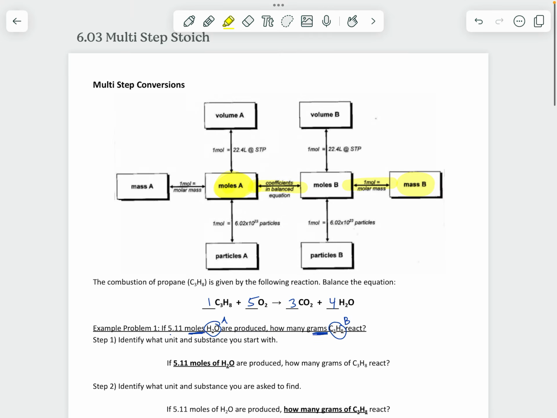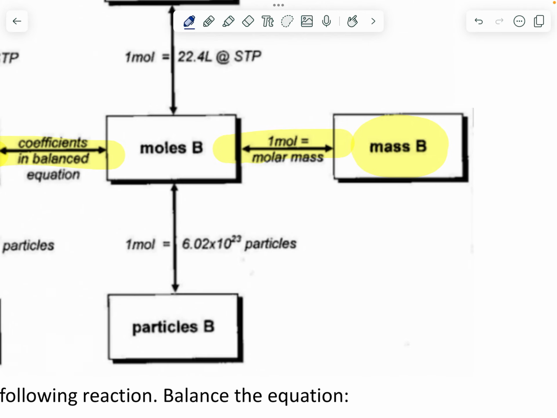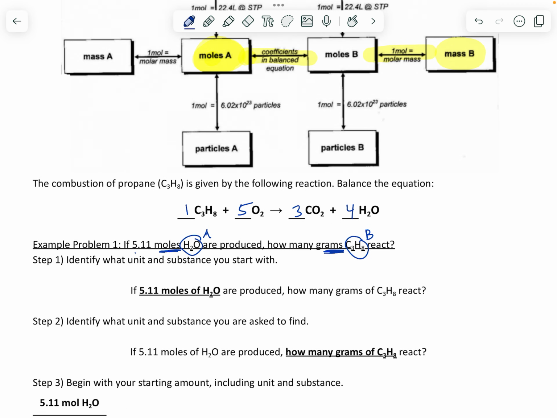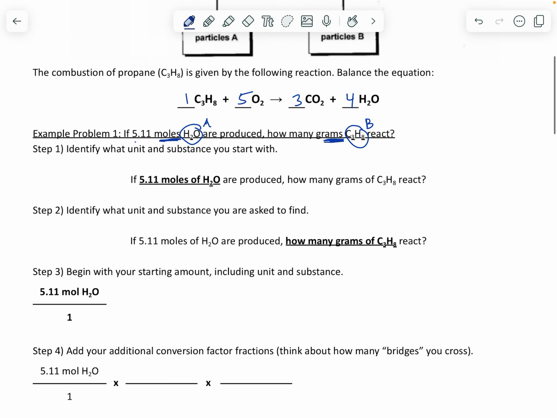Naturally, we're going to have to find the molar mass of the substance if we want mass involved at all. So we see grams is here, and right away I know that I'm going to have to use the molar mass at some point.